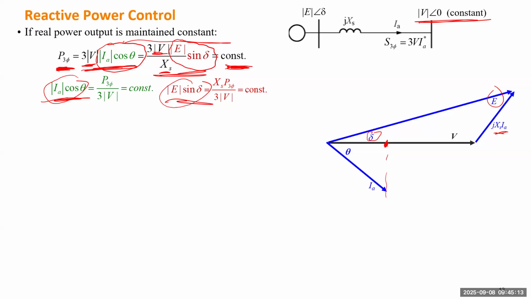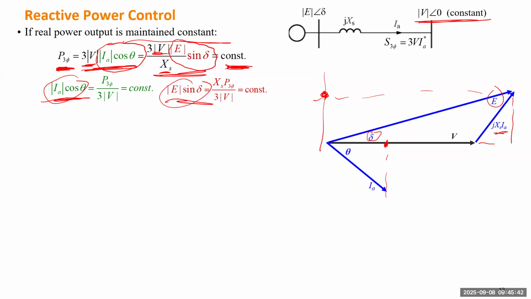And the second equation, the right one, tells the E projected to the y-axis will always be the same, because that's E multiplied by sine delta, which means no matter how E changes, the projection onto the y-axis will always be at that point.